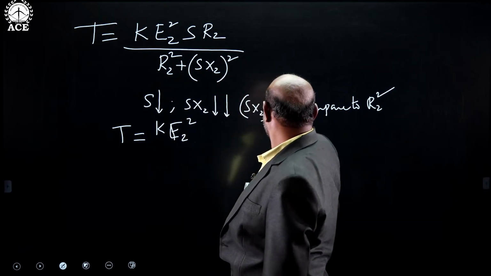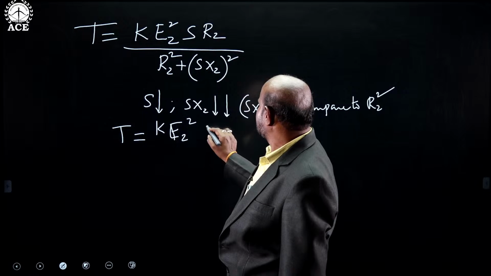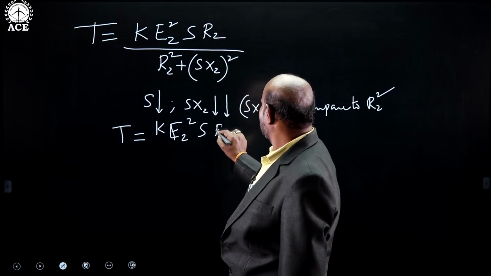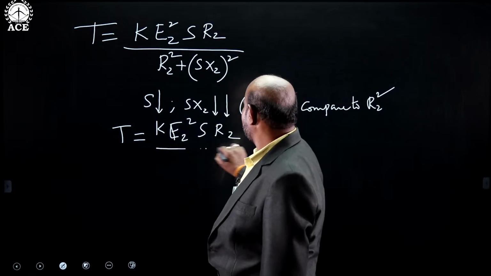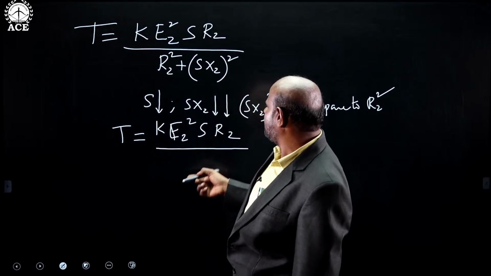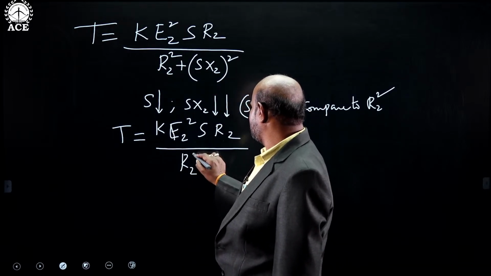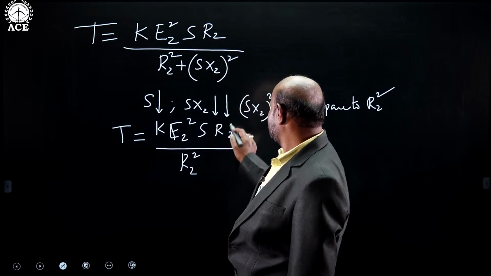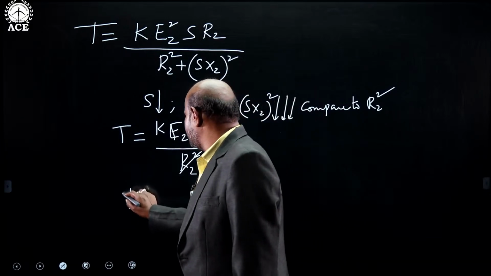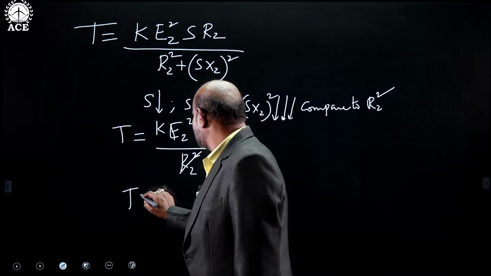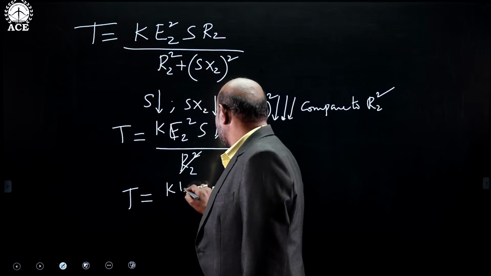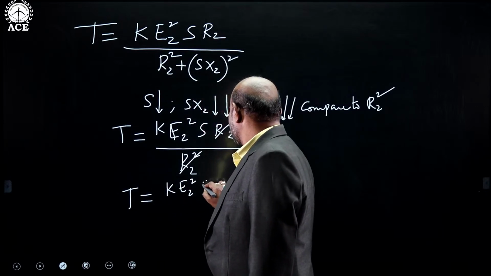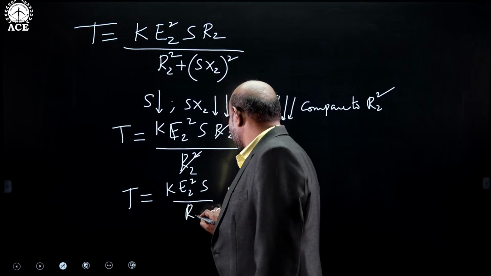So the torque is K E2 square S R2 by R2 square, since if (S X2) whole square is neglected, the remaining term is R2 square. Therefore, the torque is given by K E2 square S by R2.